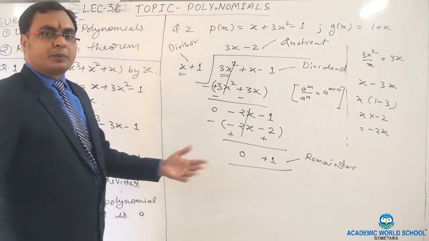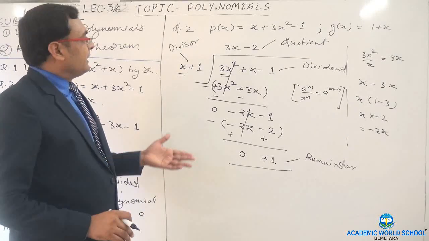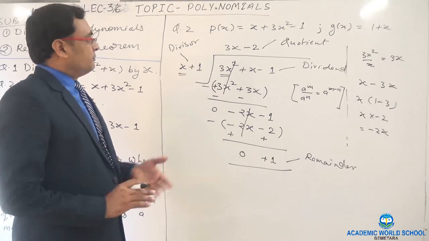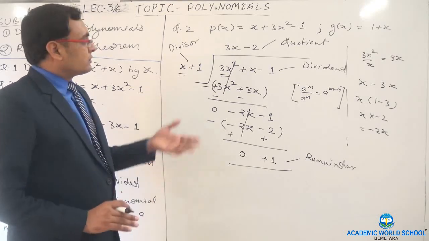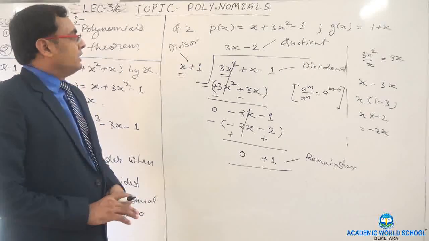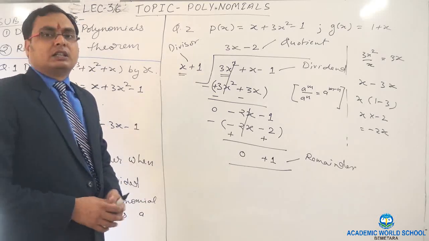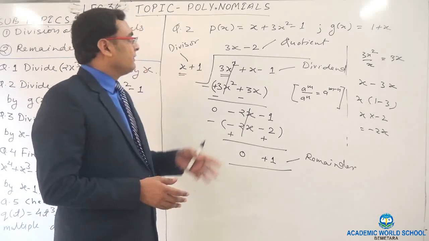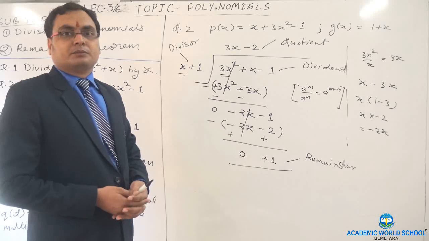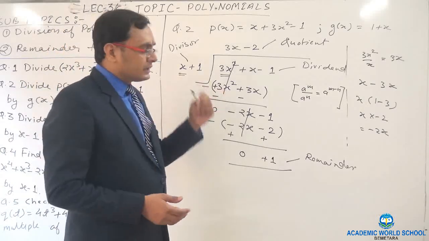So this process is the same as we do in the division of numbers. So division of polynomials is also possible by this process. Further, we can divide larger polynomials having degree higher than 2 and more than 3 terms.